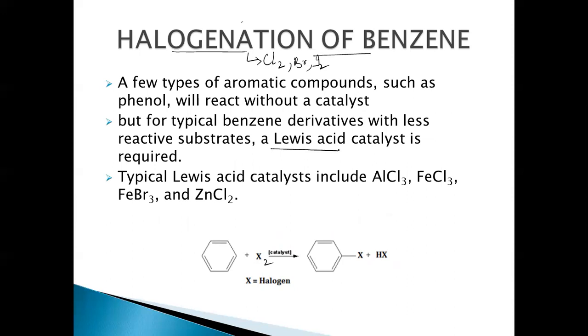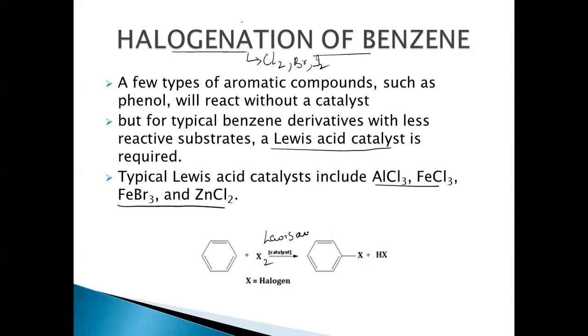The Lewis acid catalyst is used here, like AlCl3, FeCl3, FeBr3, or ZnCl2 as a catalyst for the halogenation of benzene. So the overall reaction is benzene plus the halogen, either Cl2, Br2, or I2, in the presence of a catalyst. This catalyst is nothing but the Lewis acid catalyst.